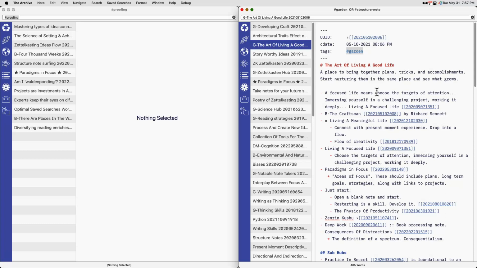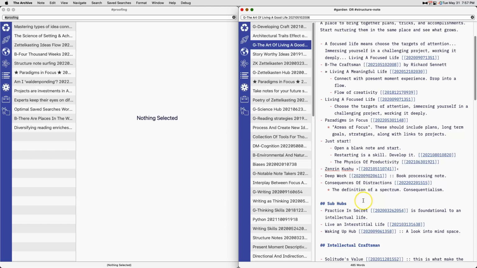And the one thing about structure notes is that they're non-atomic. What they point to, the links on them, are generally atomic links, but they themselves are not atomic. They can contain multiple substructures.